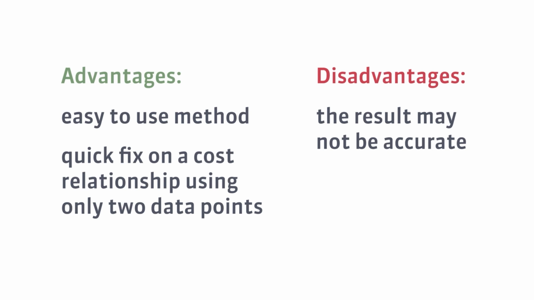If so, the cost formula computed using these 2 points will not represent what usually takes place. Moreover, even if these points are not outliers, other pairs of points may be more representative. The high-low method is usually not as accurate as other methods.